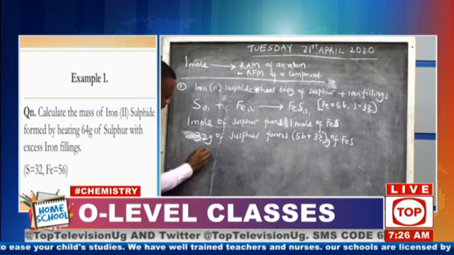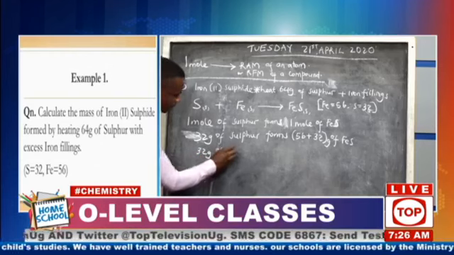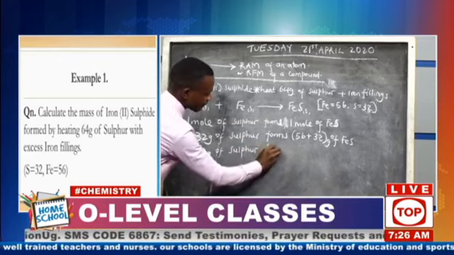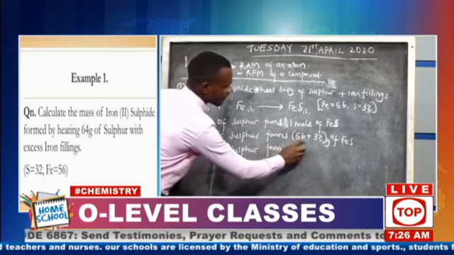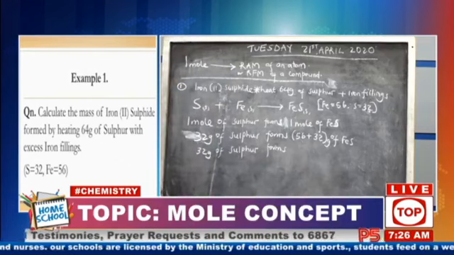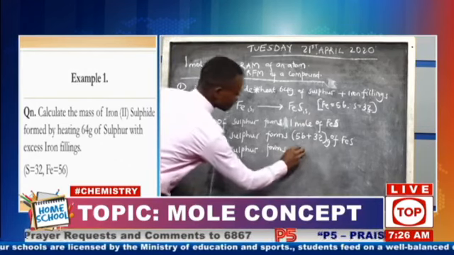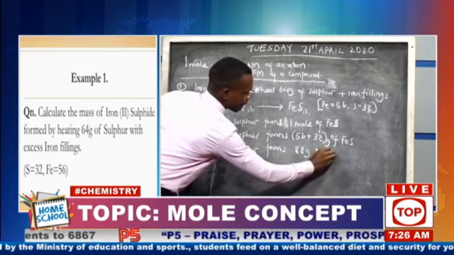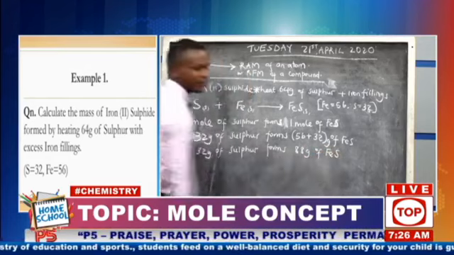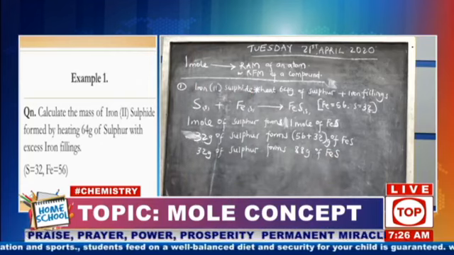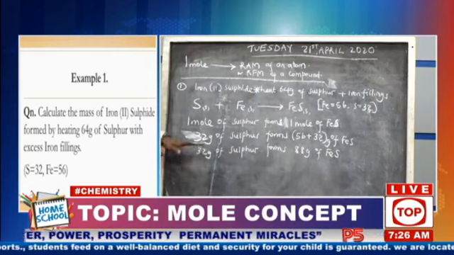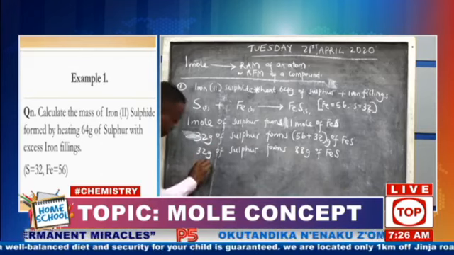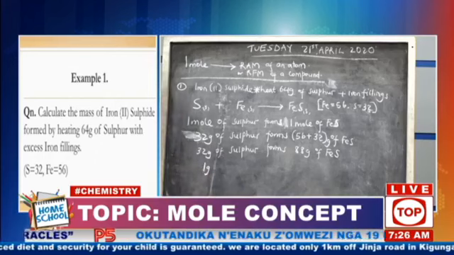So we go ahead, we say 32 grams of sulfur forms 56 plus 32, okay, that is 88 grams of iron 2 sulfide. Okay, that is it. We say that once we have here 32, we have to make sure that we take whatever is on our left-hand side to make sure we have one.